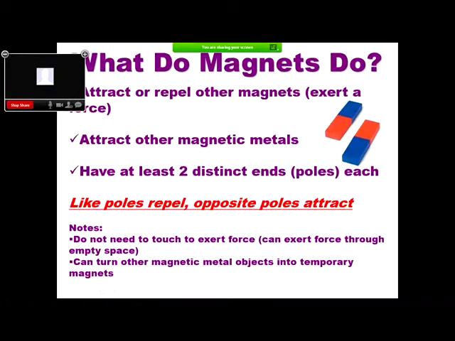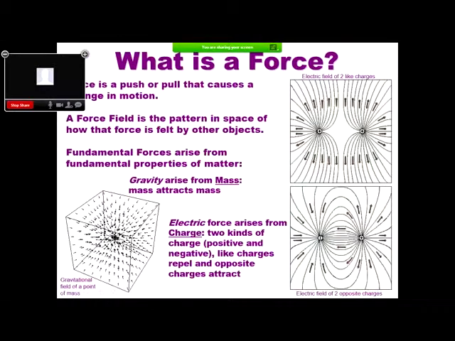Okay, so in physics and magnetism, the concept of force is really important, and a force can be thought of as a push or a pull in a very simplistic manner, but that's fundamentally really what it is. It's just that you don't always have to touch something to push or pull. And a force field is the pattern in space describing how that force is felt by the object that the force is working on.